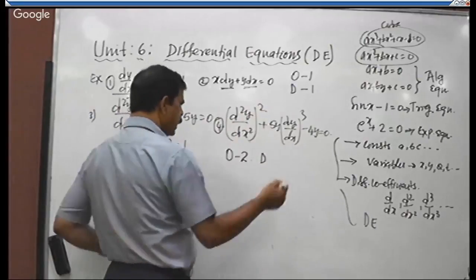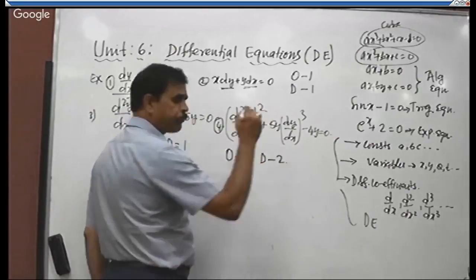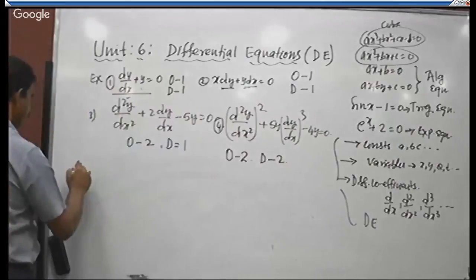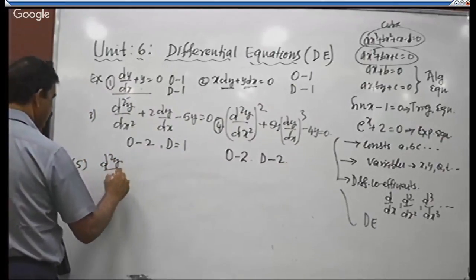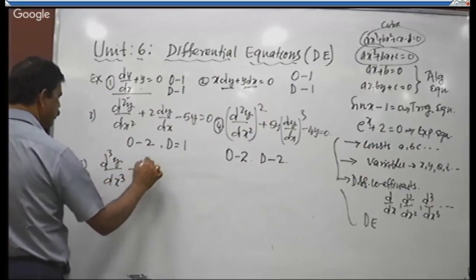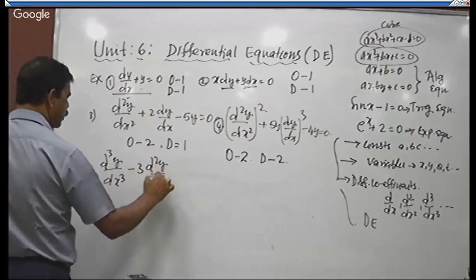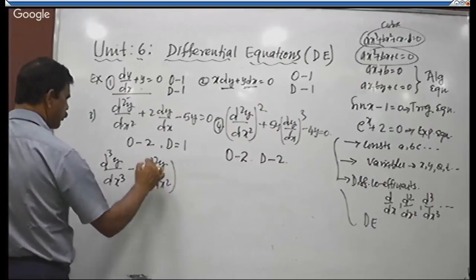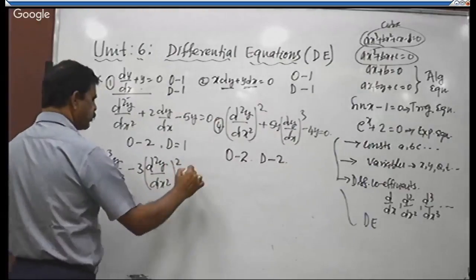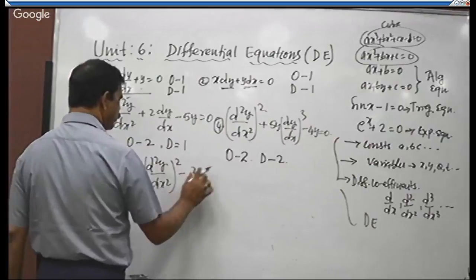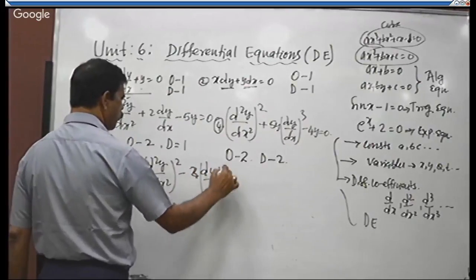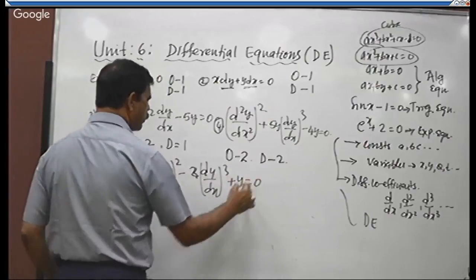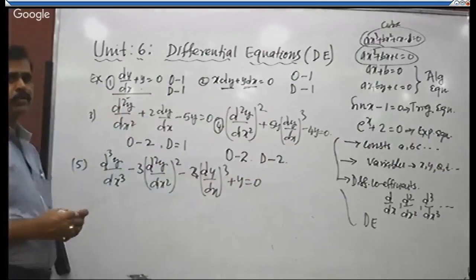Therefore, degree is 2. Next, fifth example: d cube y by dx cube minus 3 d square y by dx square whole square minus 2 dy by dx whole cube plus y is equal to 0. What is order?